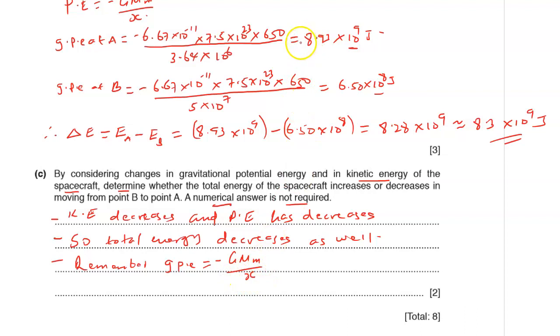So when you consider this is minus 8.93 and this is minus 6.65, then this one is less than this one because it is a minus. So that's why we say that the GPE has decreased as well, moving from B to A. So the negative sign indicates decrease.